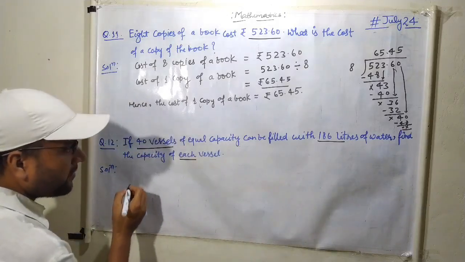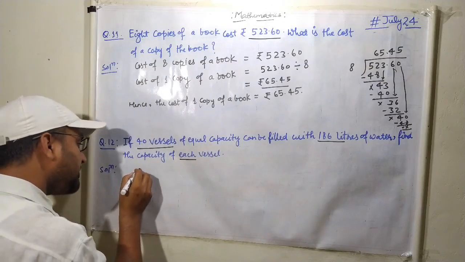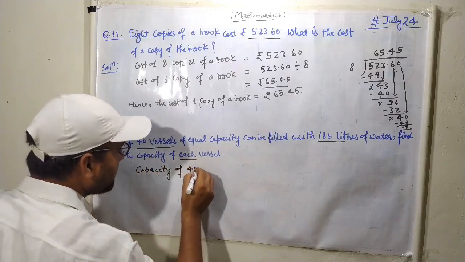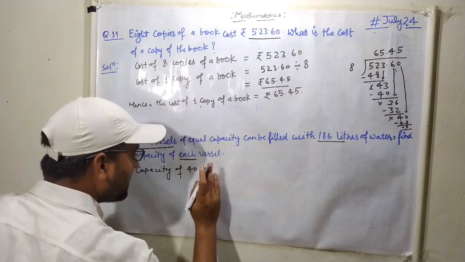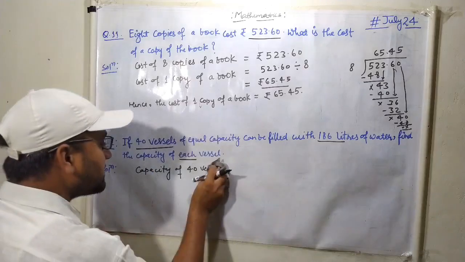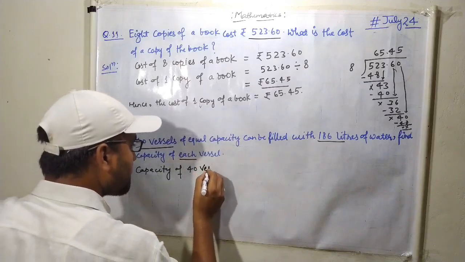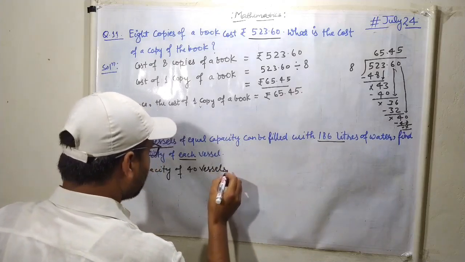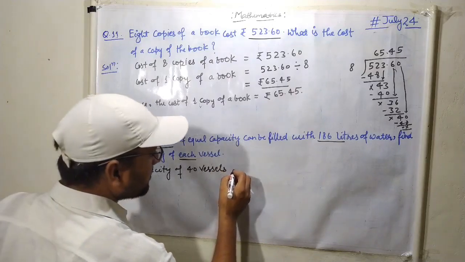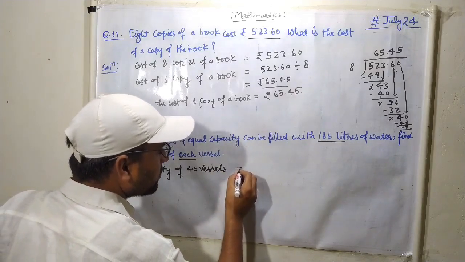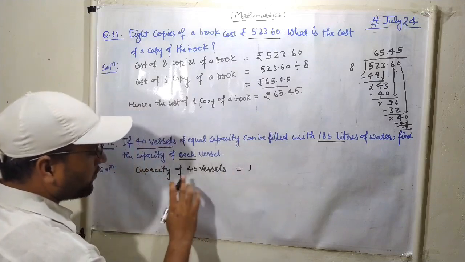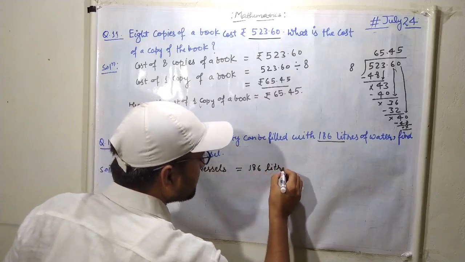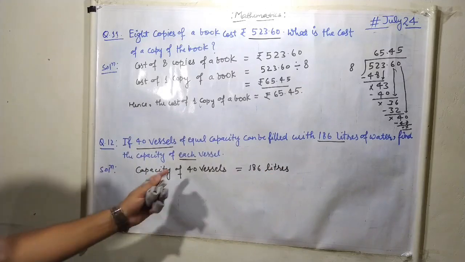So write it. Capacity of 40 vessels is equal to 186 liters. This is the capacity of 40 vessels.